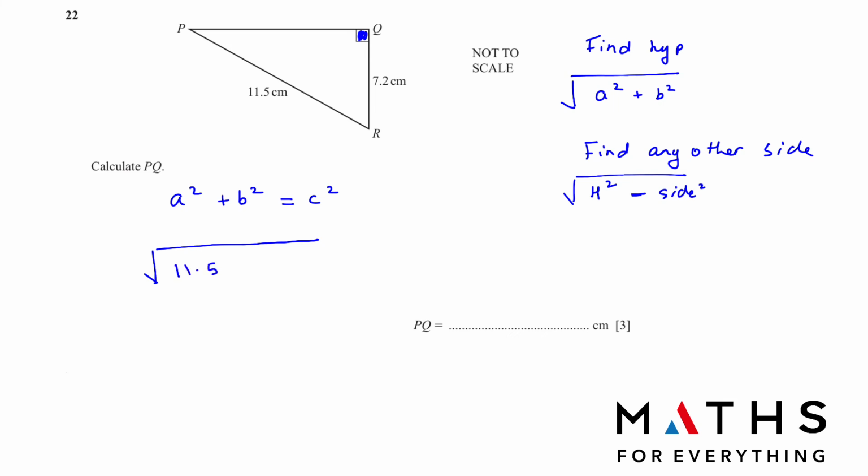So we write 11.5 squared minus the other side which is given to us, which is 7.2 squared. That is going to be 8.967, rounded to two decimal places, 8.97.